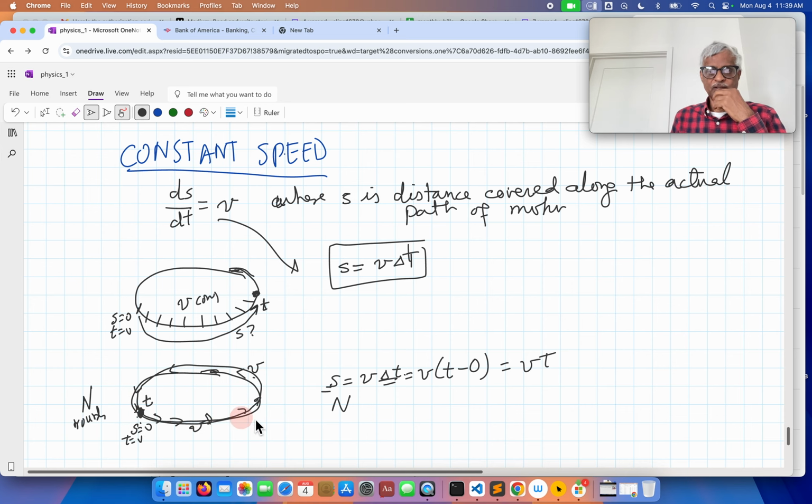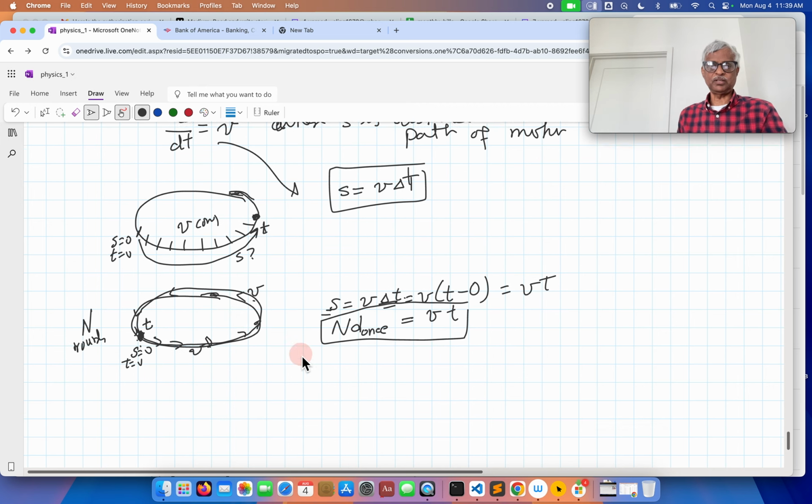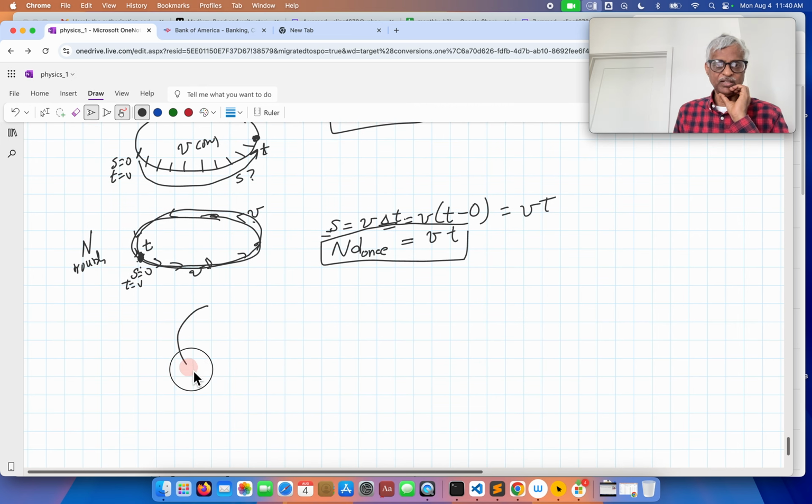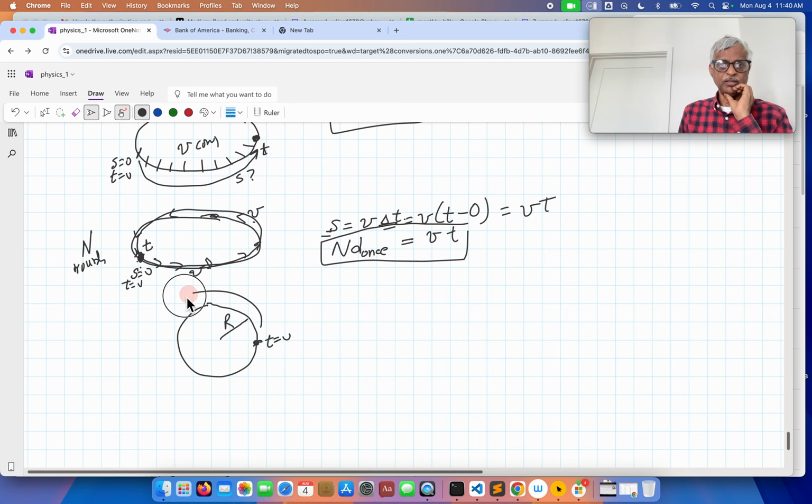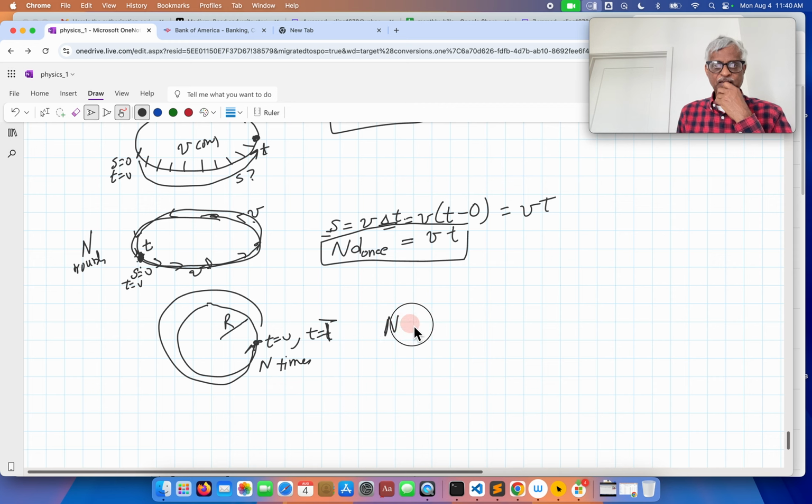And this S is n rounds. If you go all the way around once, let's call it d once equals Vt. So if this was a circle of radius r, you start over here, t equal to 0, and you went around n times, and then ended at t equal to capital T. So n times 2 pi r, the distance of one go around, will give you v times the total time it took.